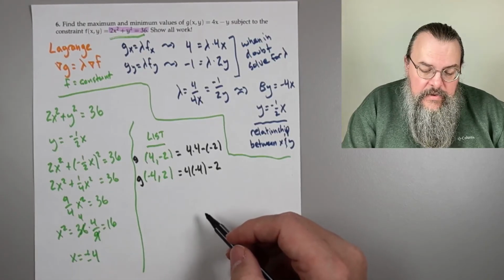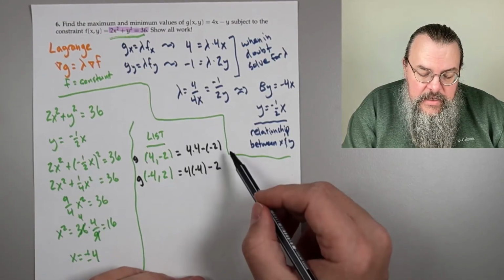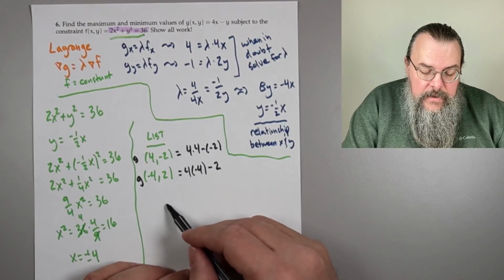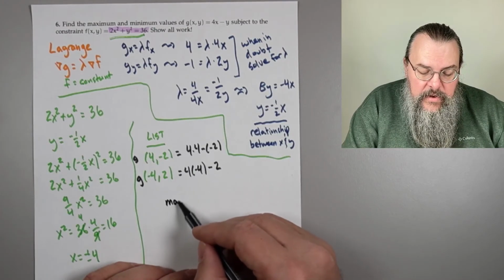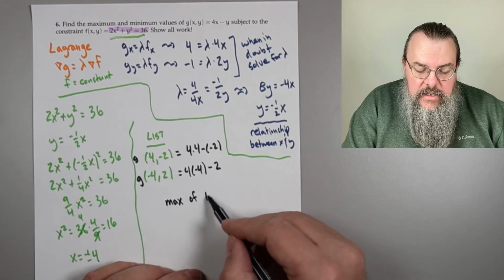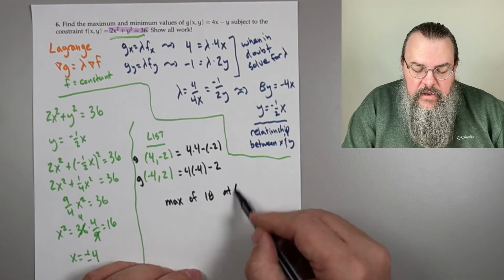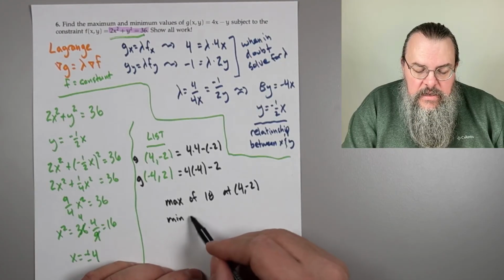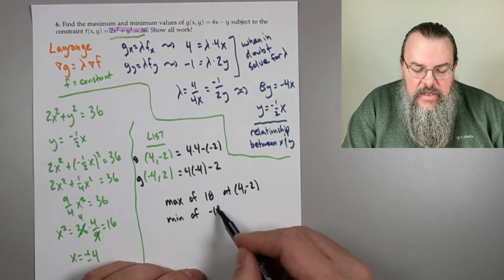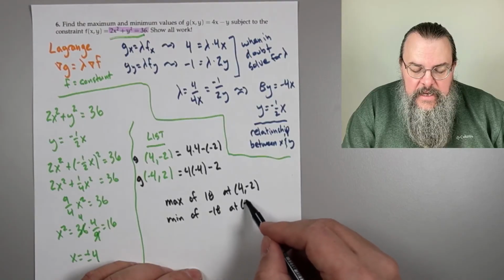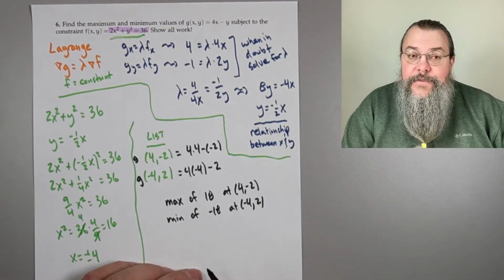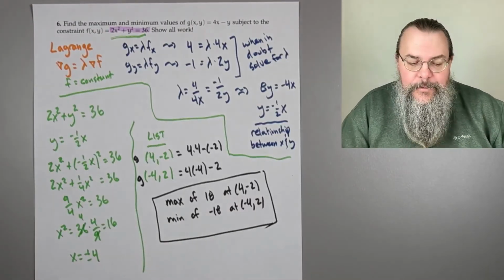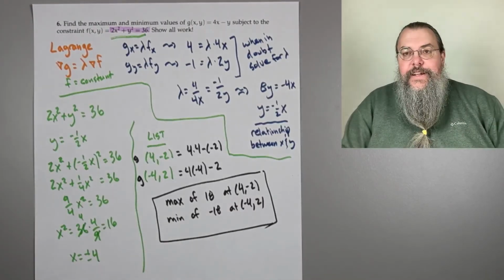Well, that says we have 18 and negative 18. So we have a max of 18 at 4, negative 2, and a min of negative 18 at negative 4 and positive 2. And that's our answer. We were after the max and min, and there we go.